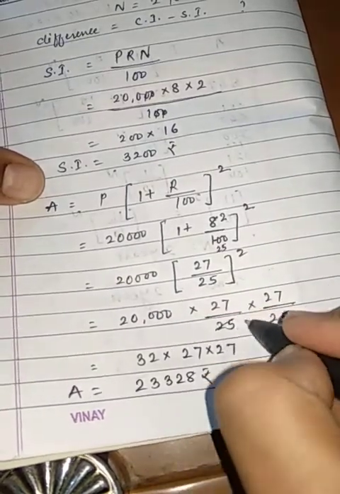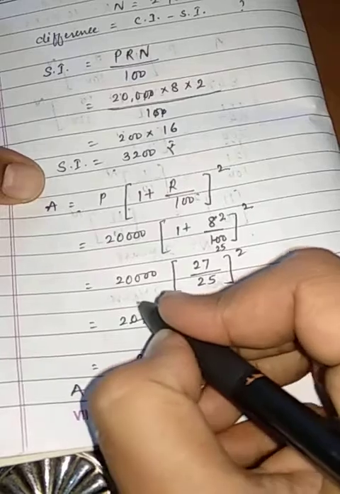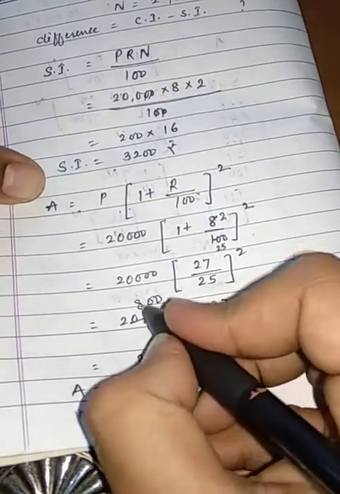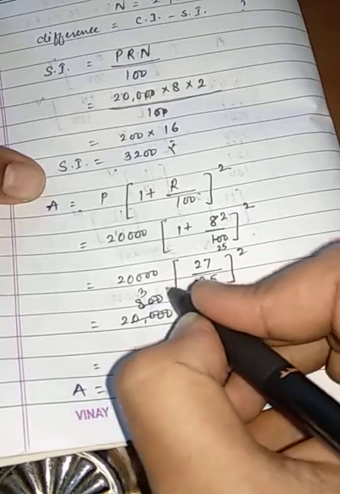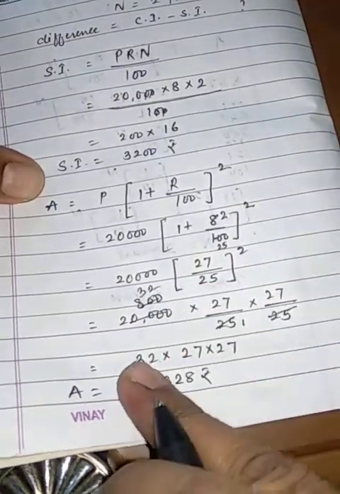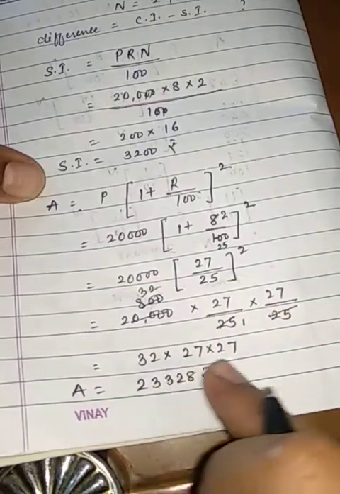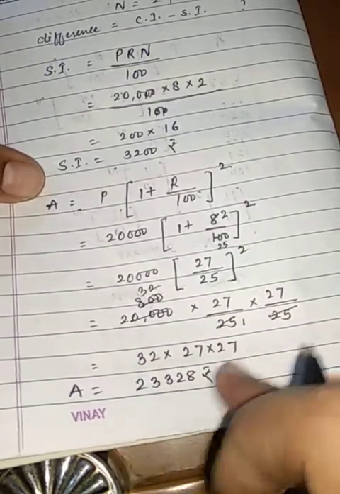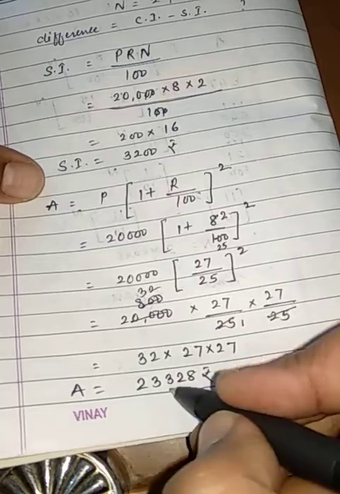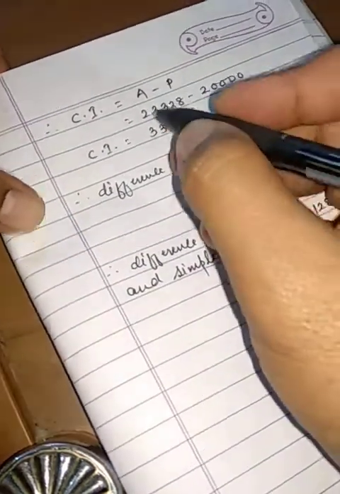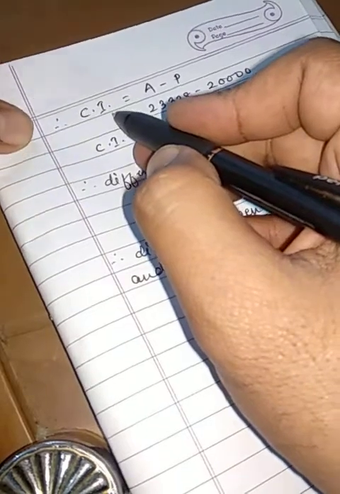So see what will happen. 25 ones are 25, 25 eights are 200. Then 25 threes are 75, 25 twos are 50. So you get 32 into 27 into 27. You can multiply these numbers one by one. You will get the product 23,328.